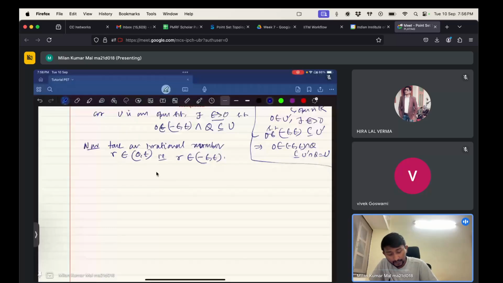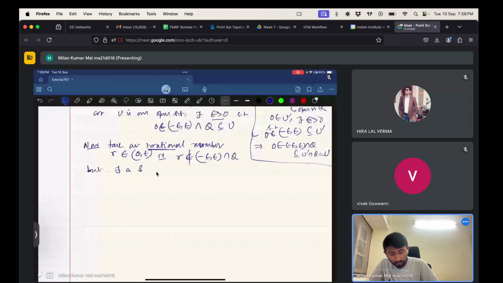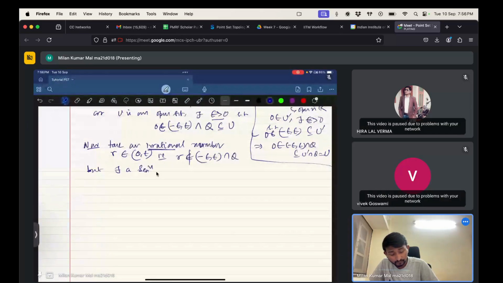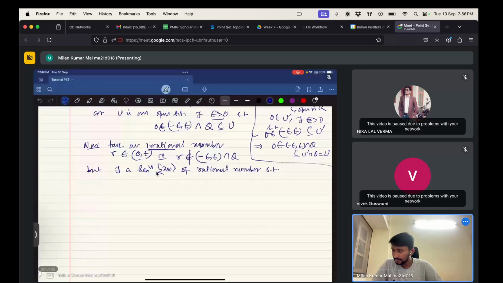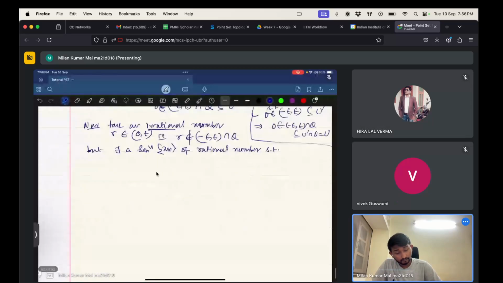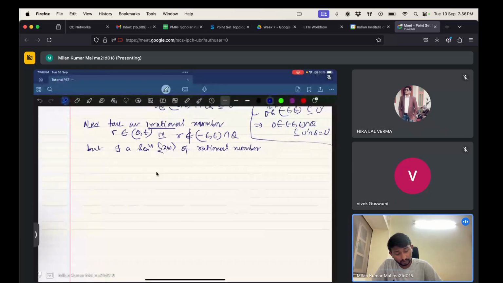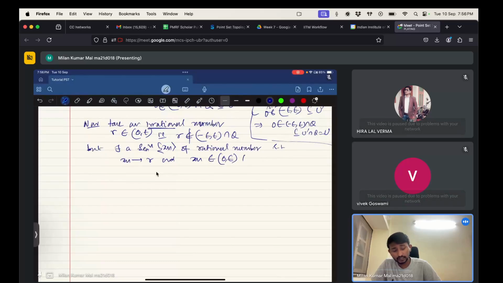R is irrational, but by real analysis there exists a sequence xn of rational numbers such that xn converges to R, and these xn are coming from (0, epsilon) intersection Q. That is possible, not a big deal.